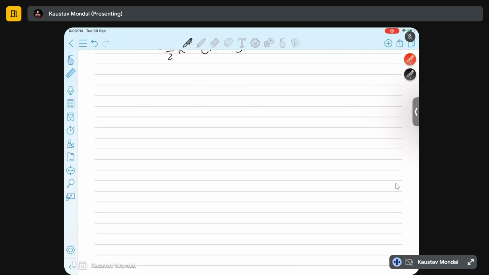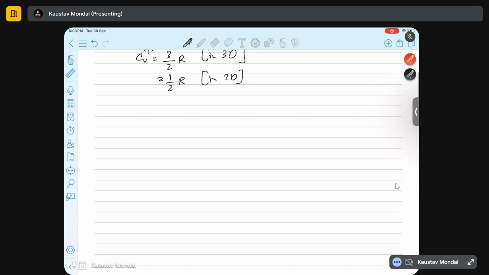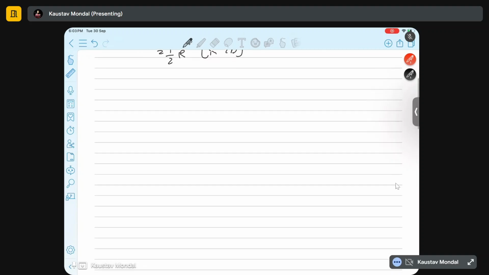In order to calculate the rotational contribution, the first and foremost thing that we have to check is the temperature of the system. If the temperature is higher than theta r, the characteristic rotational temperature, then only the significant contribution from the rotational partition function will be added.